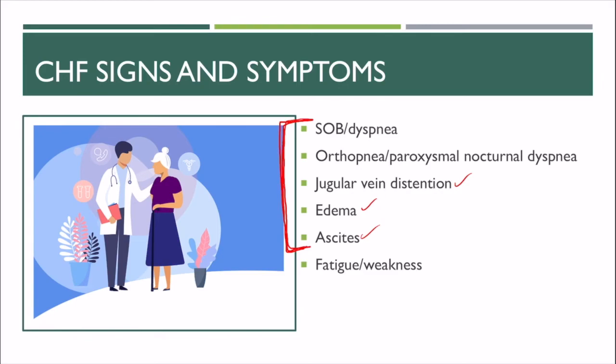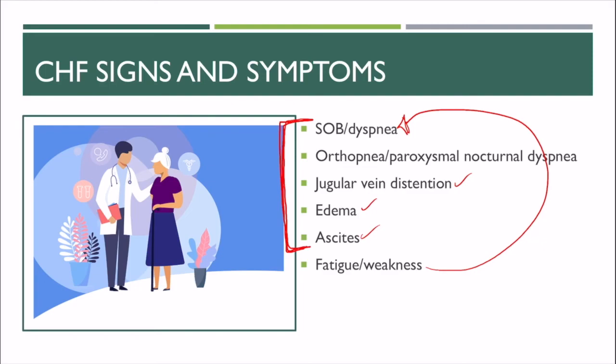This failure to deliver enough oxygen to the body is what also contributes to the shortness of breath and the dyspnea. So when I said we have a little asterisk there and that we're going to come back to it, patients can experience shortness of breath both because of the direct effects of fluid on the lung in left-sided heart failure, but also as a result of an inability to deliver enough oxygen to the periphery.